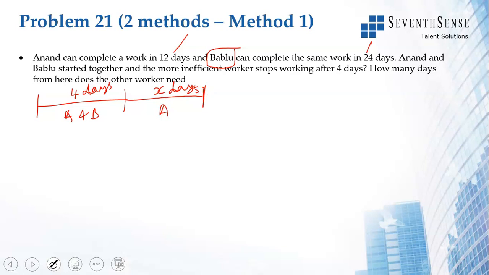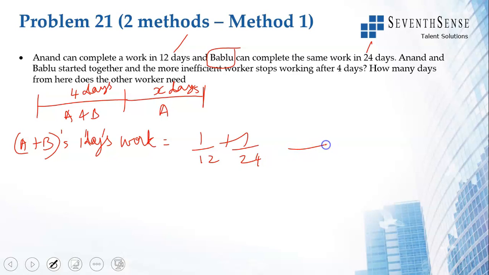One way to do this is, let us say if Anand and Bablu are working, what is the fraction of the work done in 1 day? Anand plus Bablu's 1 day's work. We will do 1 by 12 plus 1 by 24, which is 3 by 24, 1 by 8.